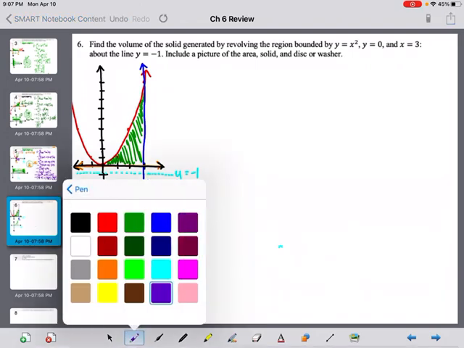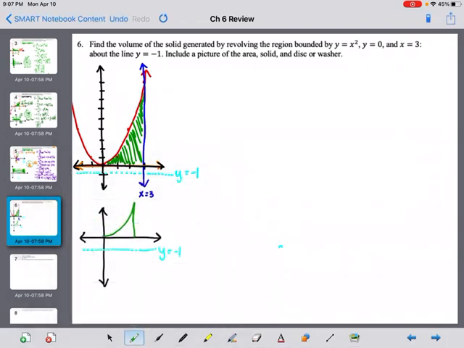So then in the next picture here, I'm going to show what this looks like when I revolve this around the line y equals -1. So basically I'm going to get like a mirror image of this across that line y equals -1.